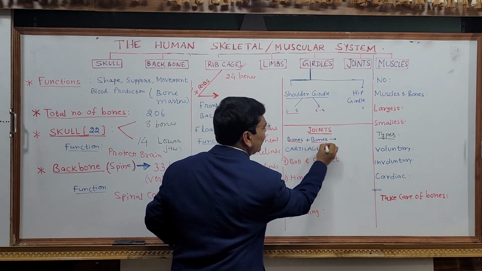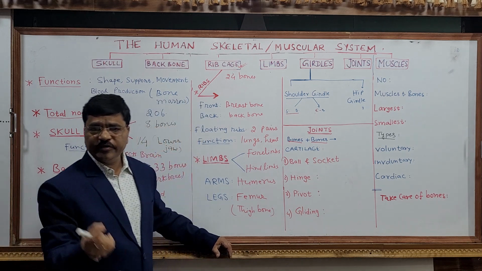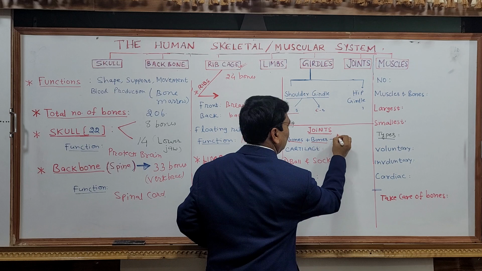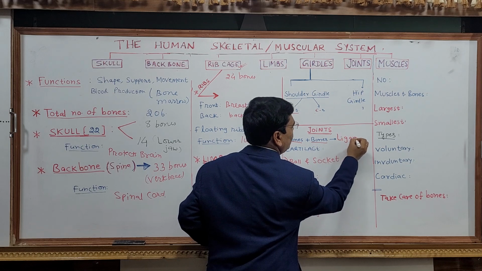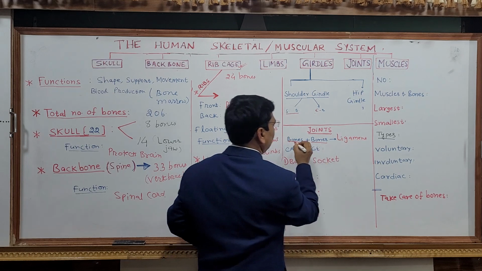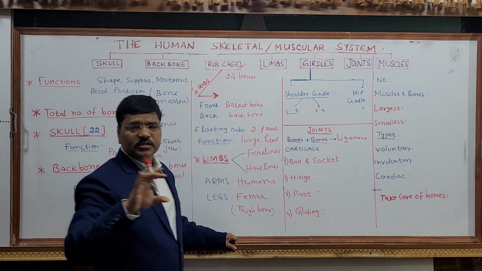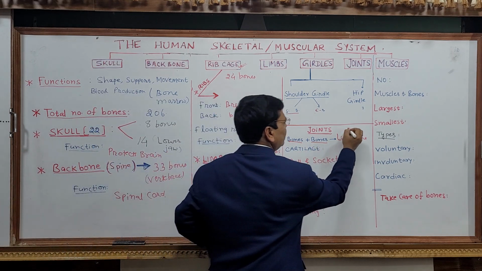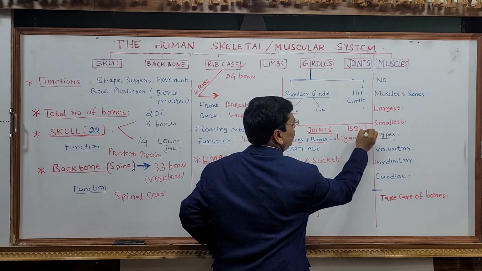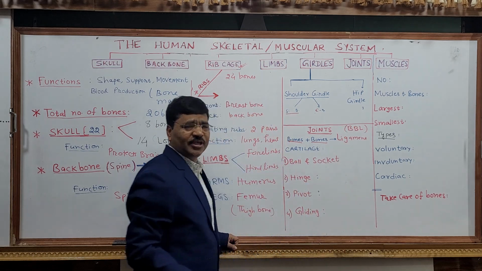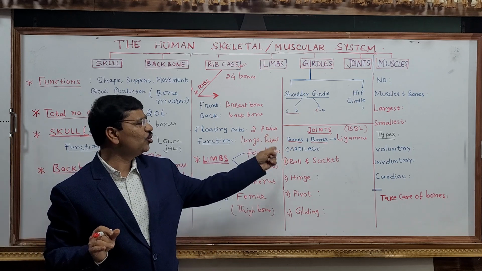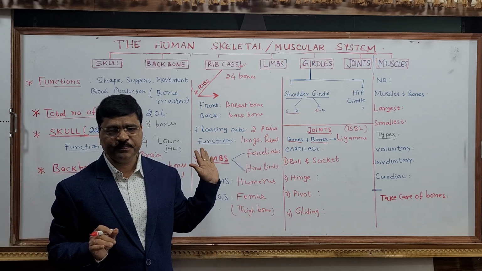One bone is attached with the other bone with the help of a substance called ligament. Don't get confused. Bone with bone is joined with the help of ligament. Just remember a code word BBL. Just like your IPL match, BBL: bone bone ligament.